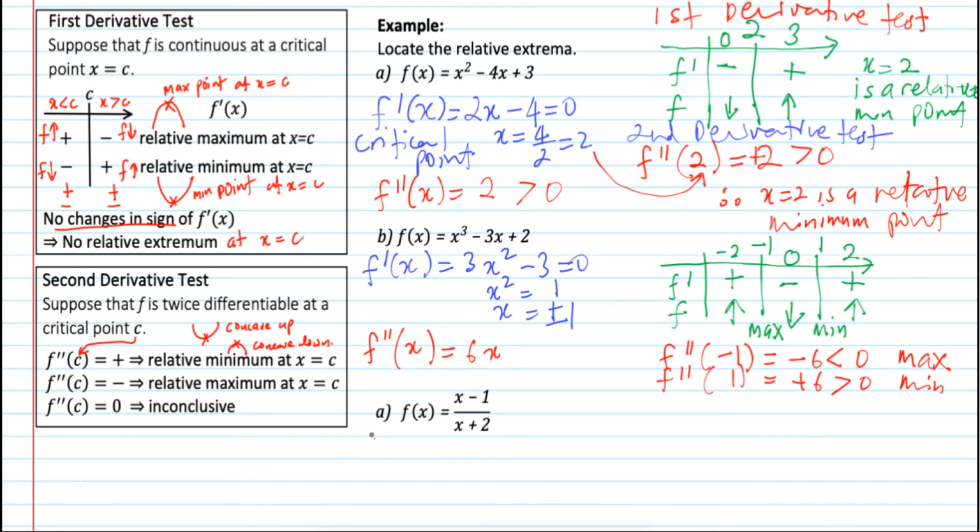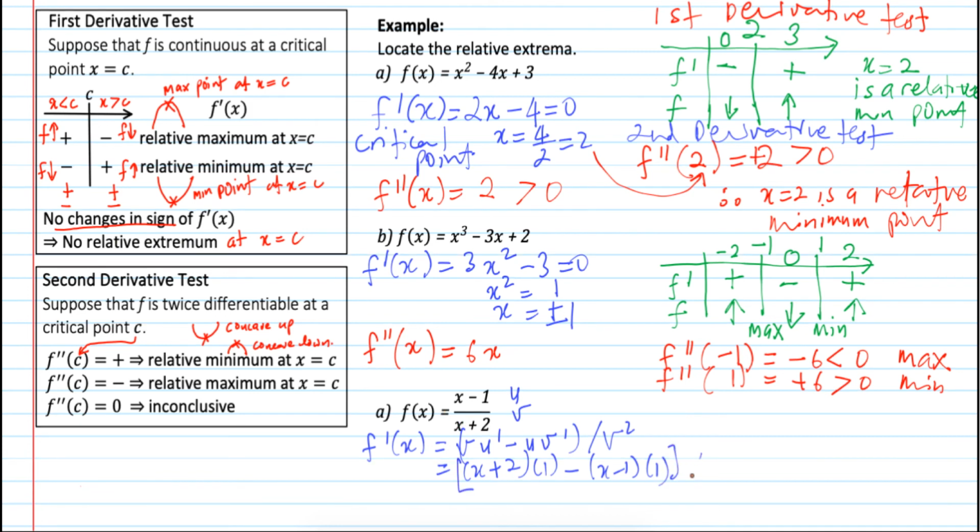Example C. Find the first derivative. So f prime x is equal to u over v. So this is quotient rule. v u prime minus u v prime over v squared. So this one, v is x plus 2, u prime is 1, minus u, x minus 1, v prime is 1. Divide by x plus 2 squared.